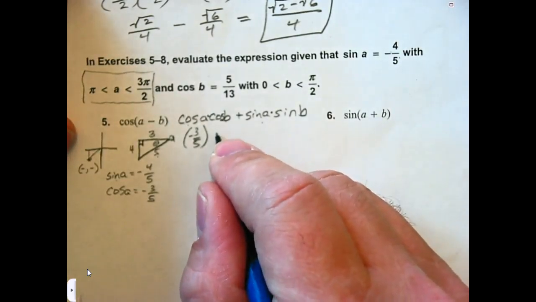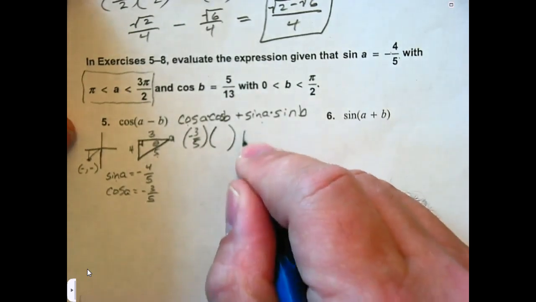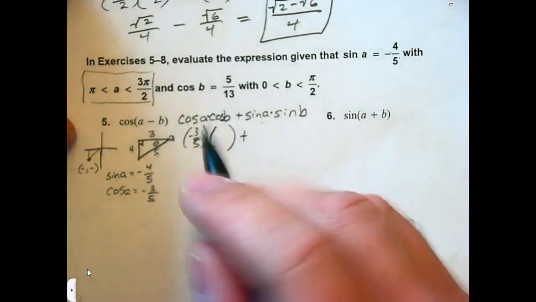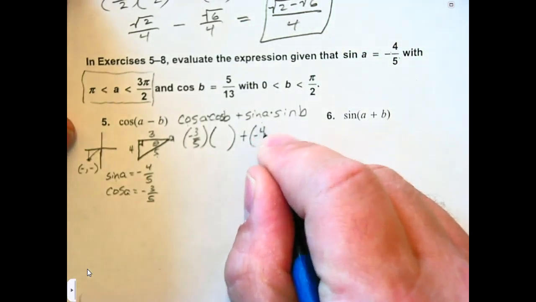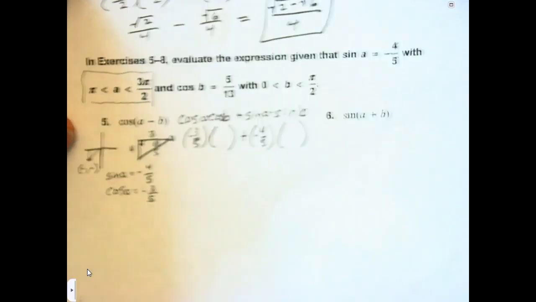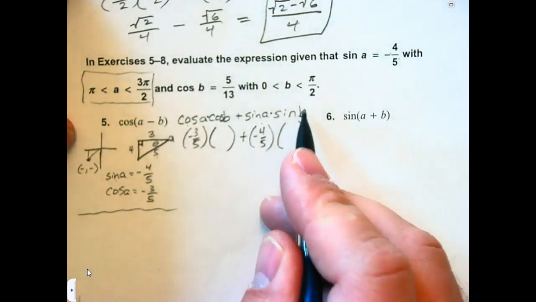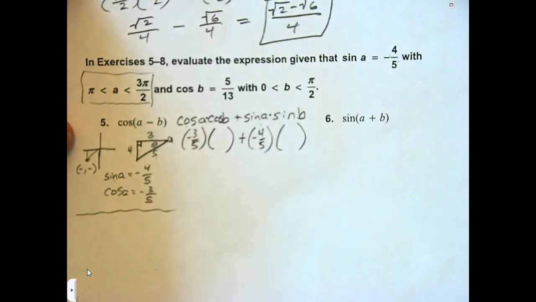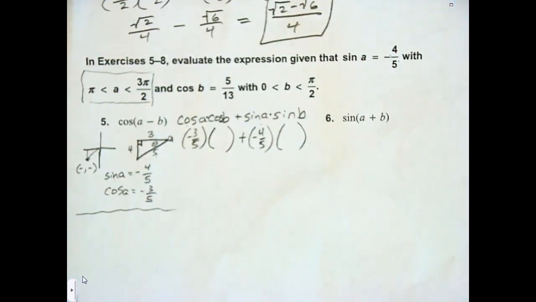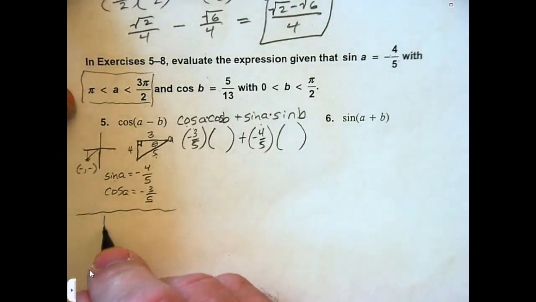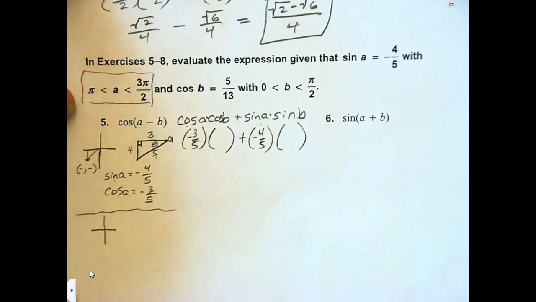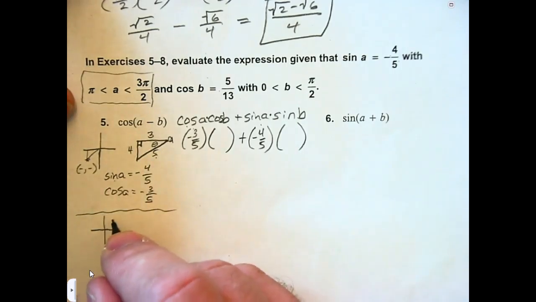Cos B, we don't know yet. We will. Actually, we do know. It's right here, but we're not going to deal with it yet. Sine A, -4/5. And sine B, we don't know yet, but we will. All right, so let's figure out cos B and sine B. You guys figure it out. You can do that. That's another special triangle.